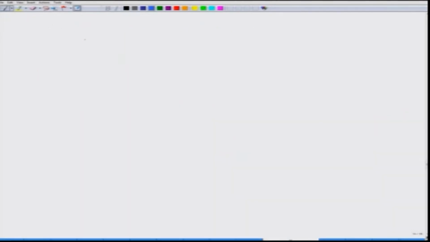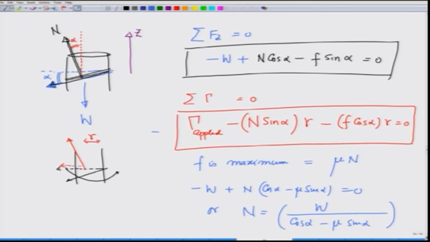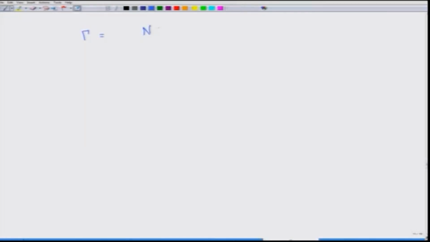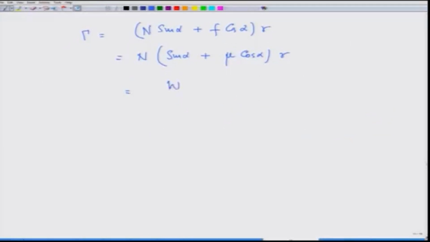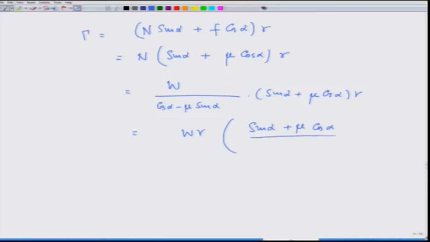Therefore, the torque, from the previous equation, is N sine of alpha plus F cosine of alpha times r, which is equal to sine of alpha plus mu cosine of alpha times r times N. We have already calculated N, which is equal to W over cosine of alpha minus mu sine of alpha, and this comes out to be W r times sine alpha plus mu cos alpha over cos alpha minus mu sine alpha.